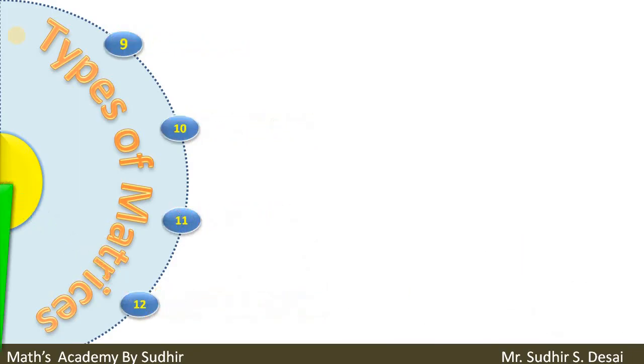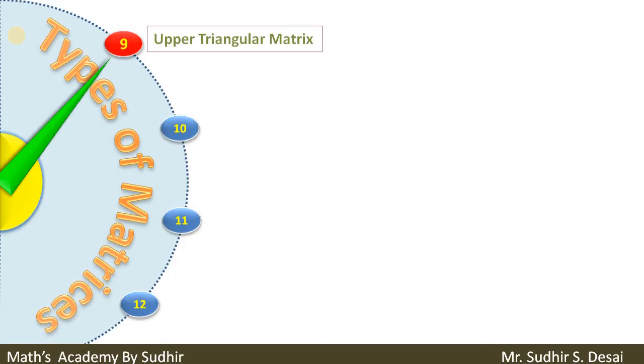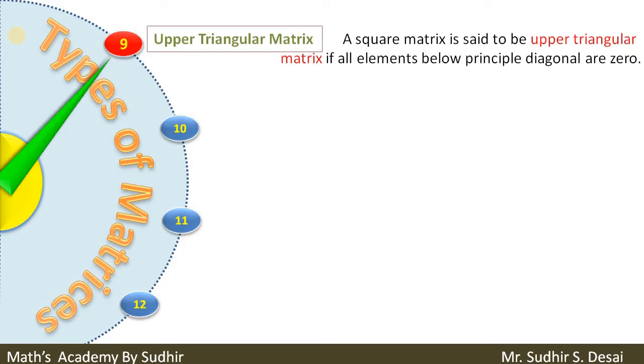Now the next type of matrices, upper triangular matrix. Again, a square matrix is said to be an upper triangular matrix. Check the condition: if all elements below the principal diagonal are 0, then it is said to be an upper triangular matrix. So let's take an example.